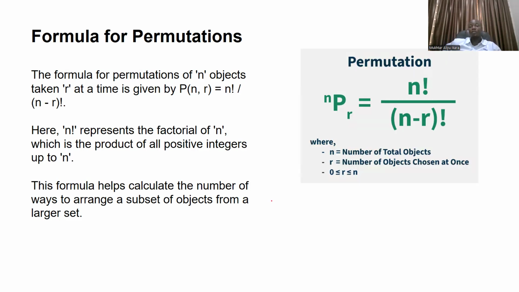So this is the formula: nPr equals n factorial over (n minus r) factorial. n means the total number of objects, and r means the number of objects chosen at once. So r is less than or equal to n always.